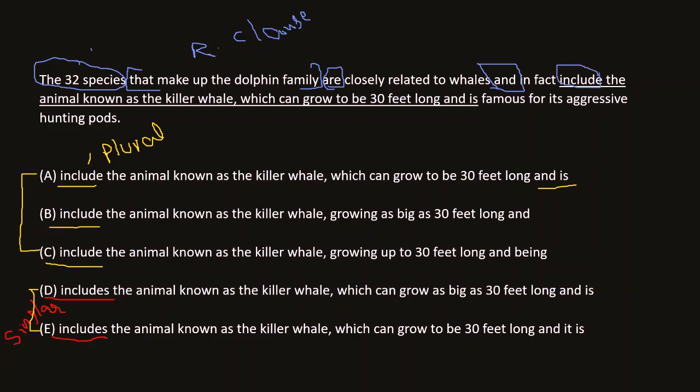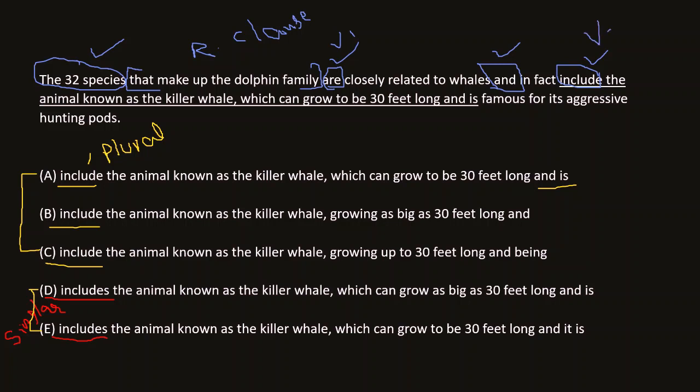Now look for the plural verbs. I already see one, that is are. Are closely related to whales. And after that I see a conjunction or a parallel marker, that is and. And after and I see one more verb, that is include.